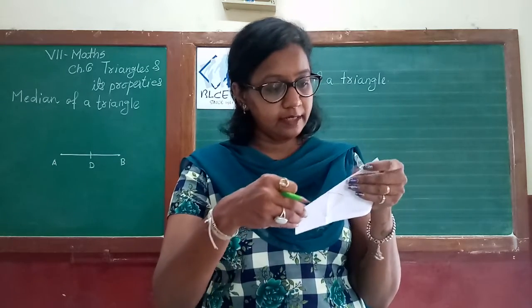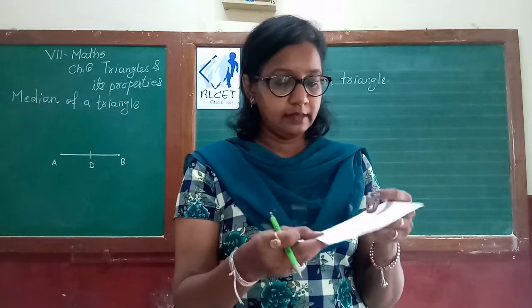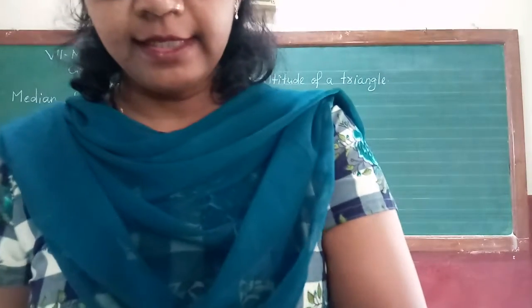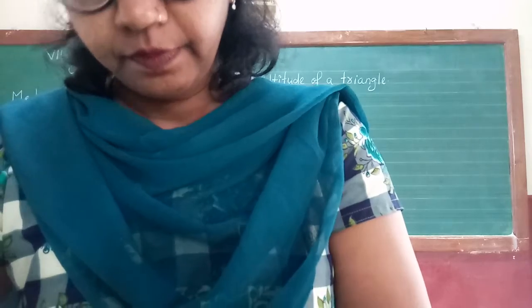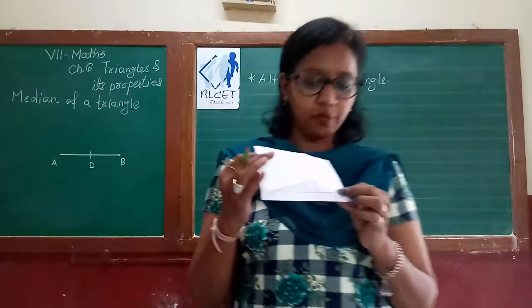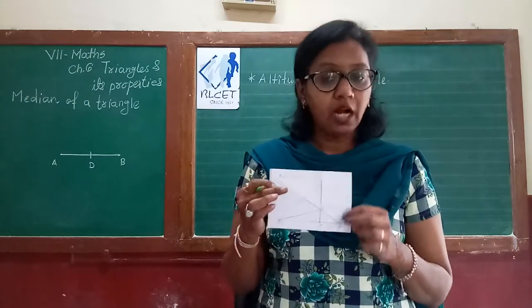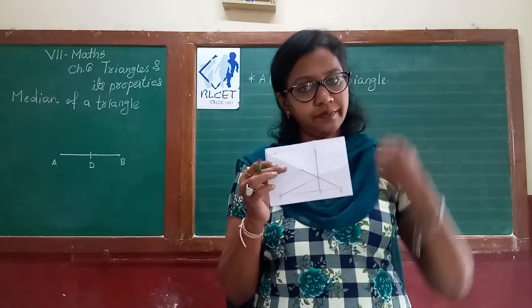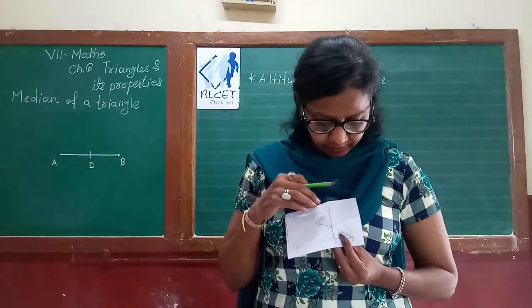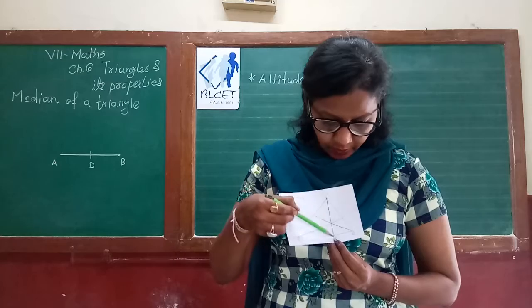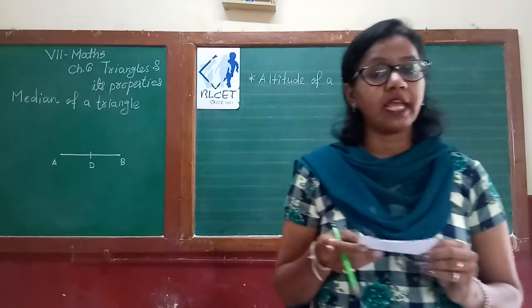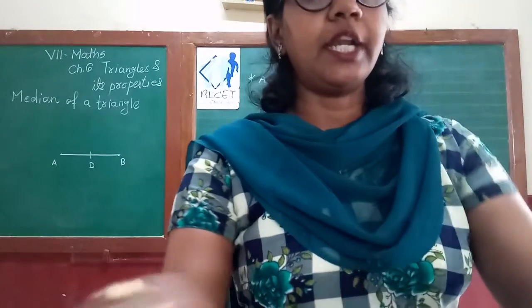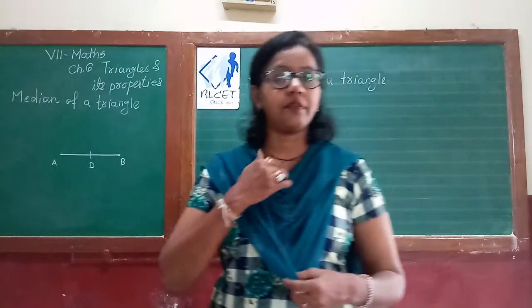Here we are getting the third altitude like this when you fold from Q. So this way you will get the three altitudes. One is this one, the second one is from Q, this one, and from this one. So this way we can find three altitudes of a given triangle.